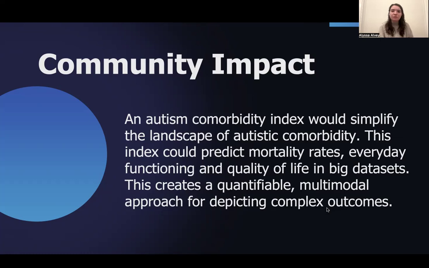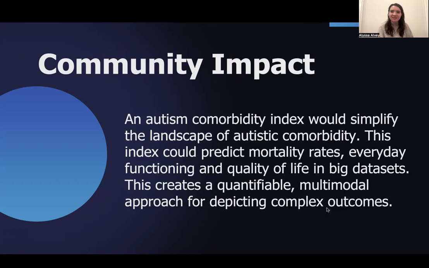This index could predict mortality rates and everyday functioning, but it can also look at things such as independence and the quality of life. And especially this is really good for large population data, which may be more difficult to identify in many autism studies. This, as a result, creates a quantifiable multimodal approach for depicting really complex outcomes in a way that is generally simplified.